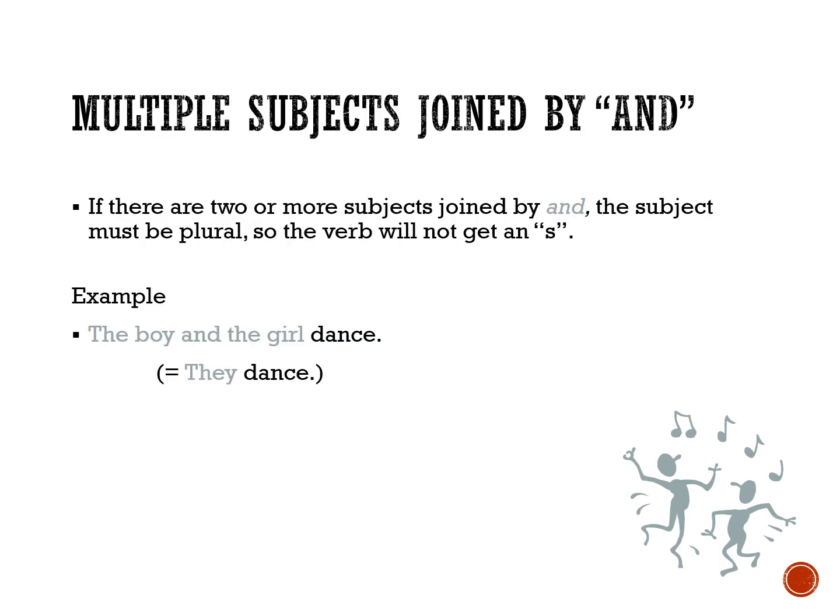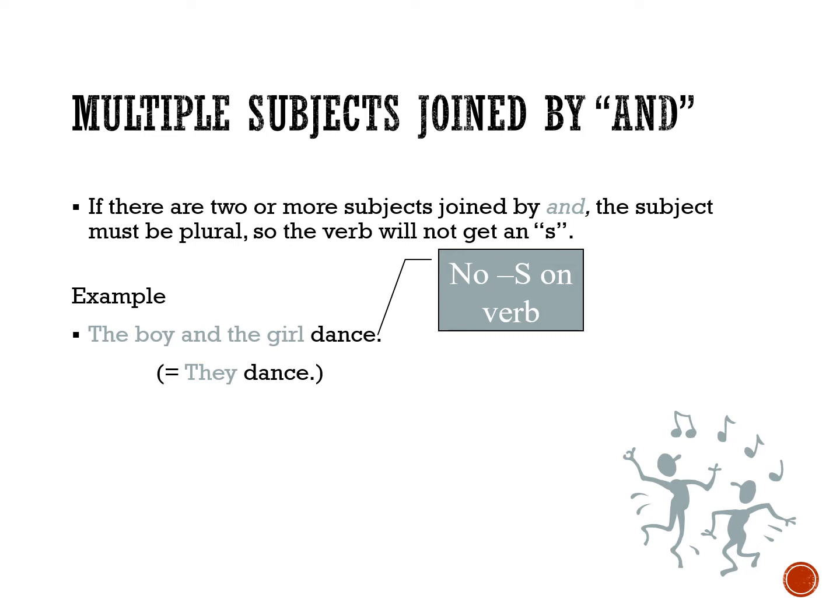How about multiple subjects joined by "and"? If there are two or more subjects joined by "and", the subject must be plural, so the verb will not get an "s". Example: the boy and the girl dance.